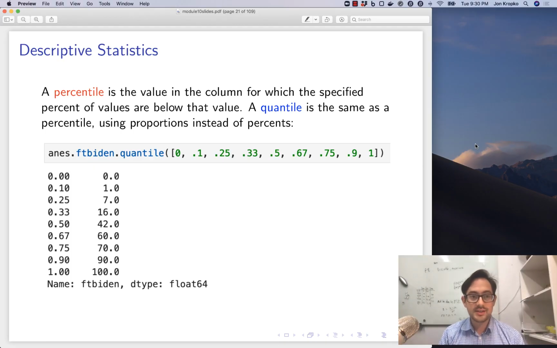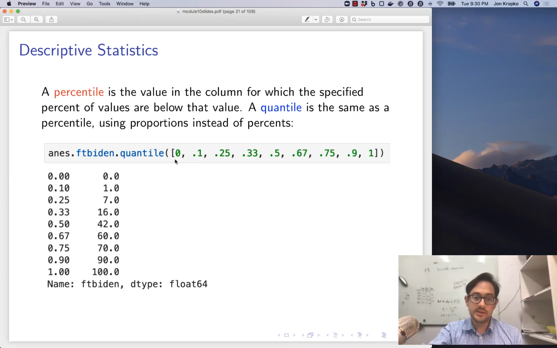A quantile is the same as a percentile, but we use proportions instead of percents. So the 30th percentile is the 0.3 quantile. So we can get quantiles with the quantile function. It's a method applied to a particular column, and then the quantile method, and then a list of the quantiles we want.